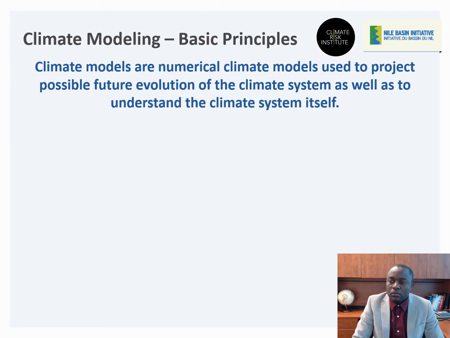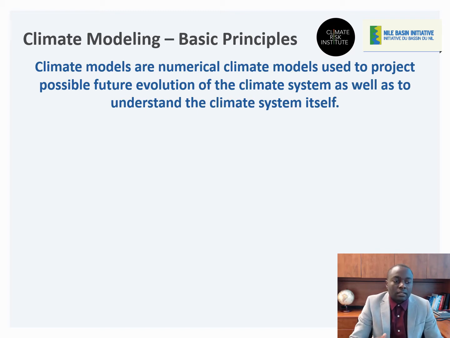How do we understand the climate system and come about producing climate projections? To do this, we use what are called climate models. These are numerical models used to understand the future evolution of the climate system as well as to understand the climate system itself.